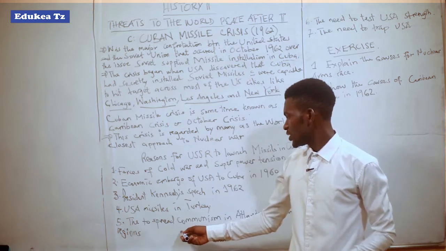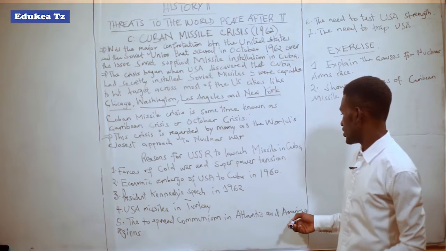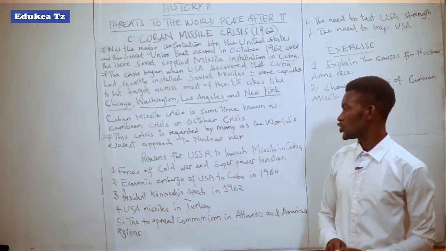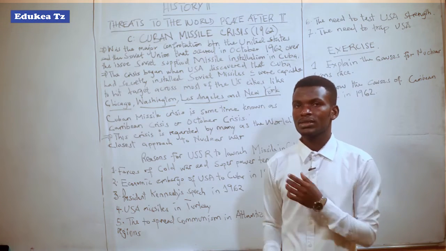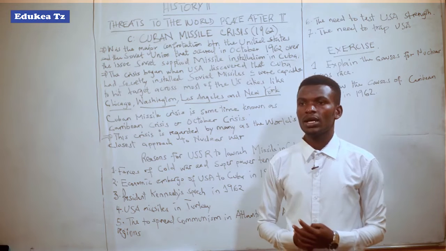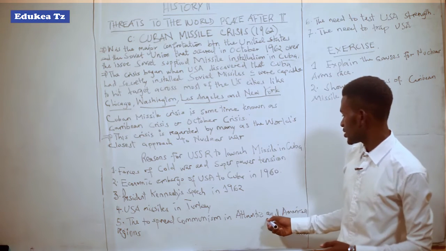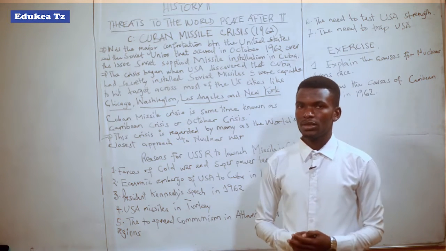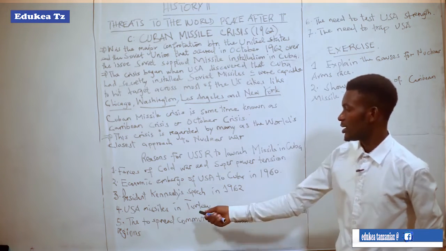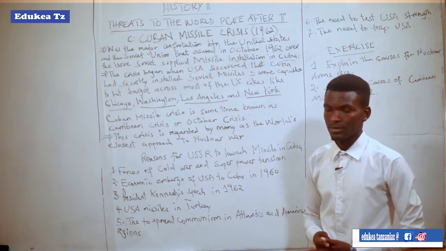Another was to spread communism in the Atlantic and American regions. It means the launch of missiles in Cuba by USSR was targeting to spread communism or socialism ideology in the Atlantic and American regions, and that led USA to be angry with that action.